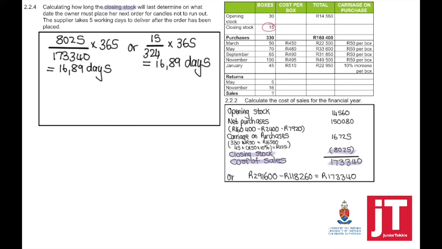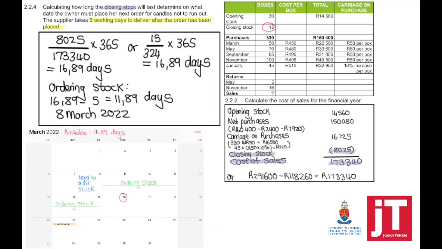Alternatively, you could have said 15 units, which is closing stock, divided by the number of units that were sold. It equals exactly the same answer. To order stock, it takes 5 working days. So we have to take that 16,89 days minus 5 equals 11,89 days.